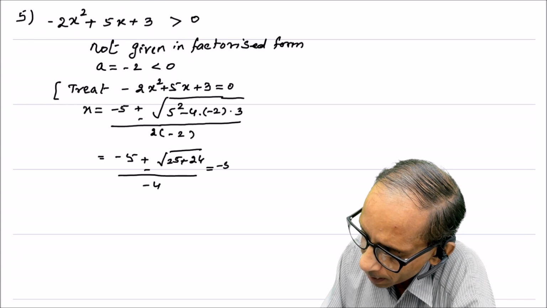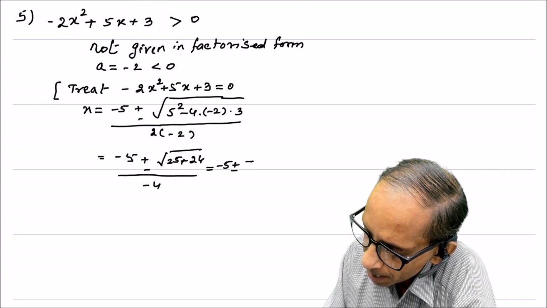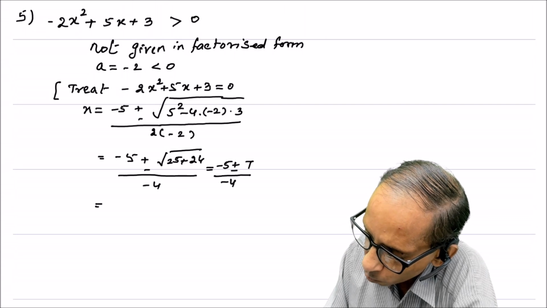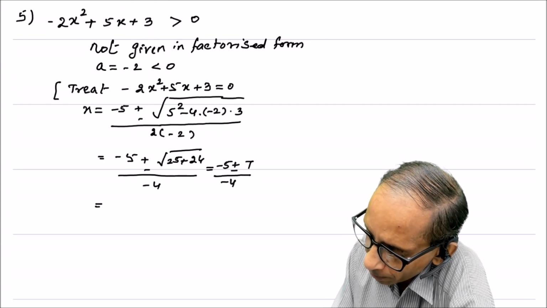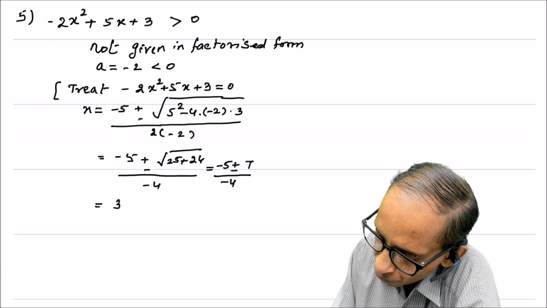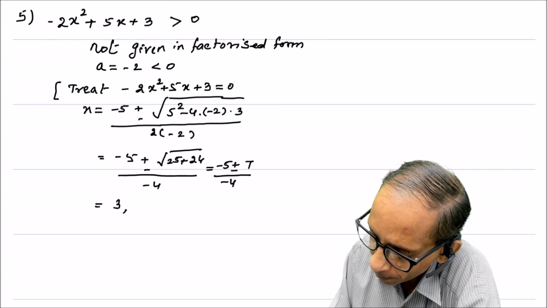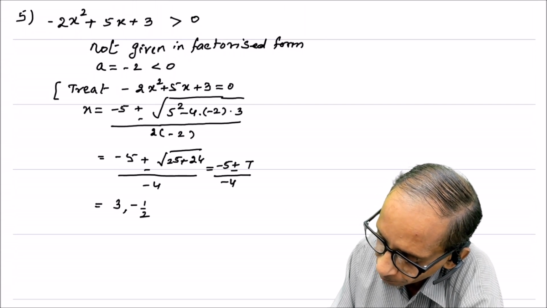That comes out as minus 5 plus minus 7, whole thing divided by minus 4. So minus 5 minus 7, minus 12, divided by minus 4 gives us 3. And minus 5 plus 7, that is 2, 2 by minus 4 gives us minus half.